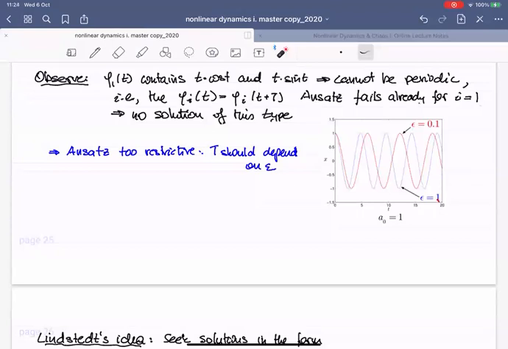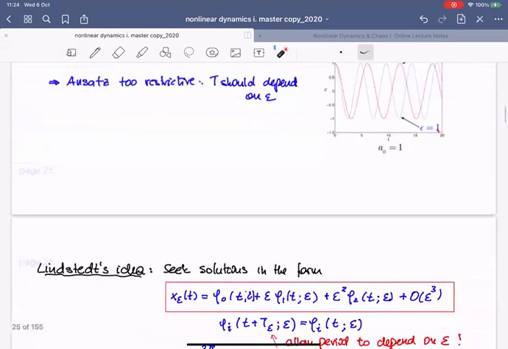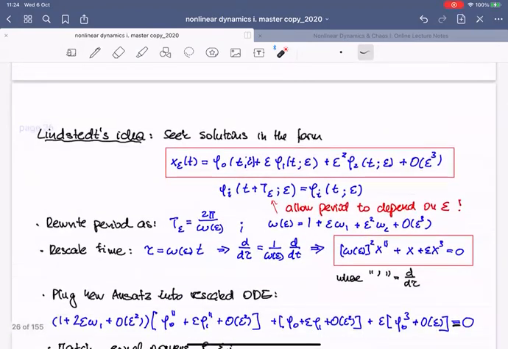But the way we have set the problem up, we assumed that this is not the case, and in fact made the problem unphysical, and the math resists that unphysical assumption, luckily. So how do we go about it? This was an idea that goes back to Lindstedt, at least a century ago, probably a bit more, when the community was facing these problems.